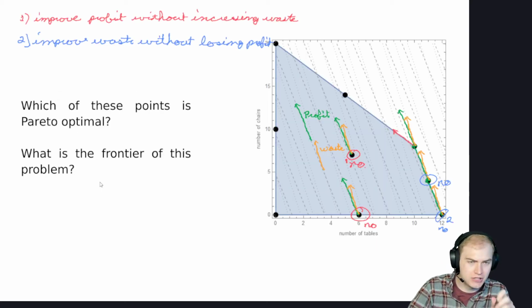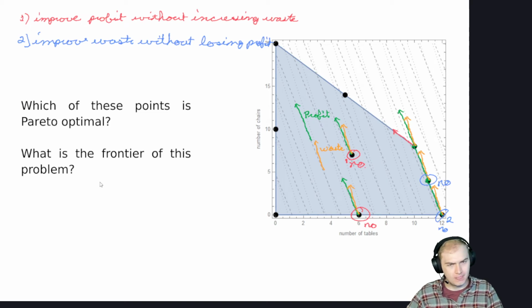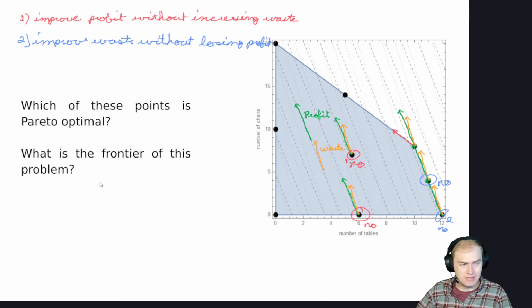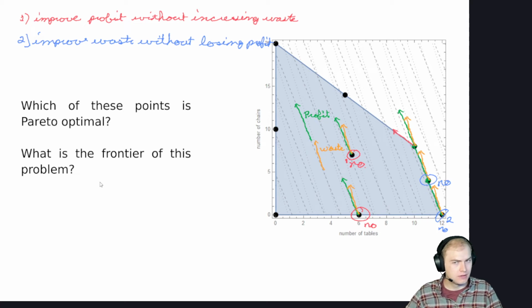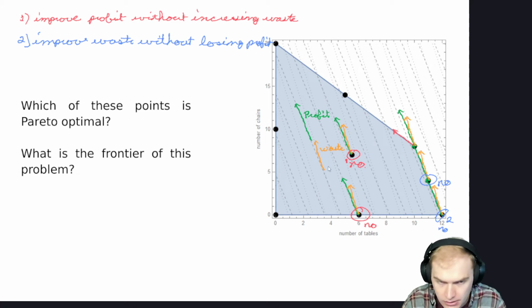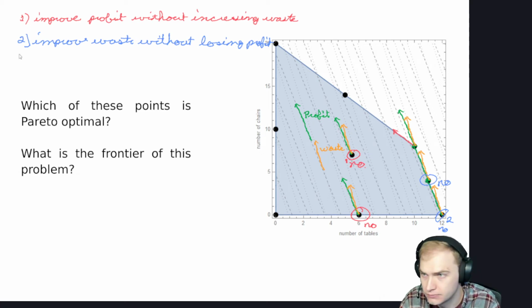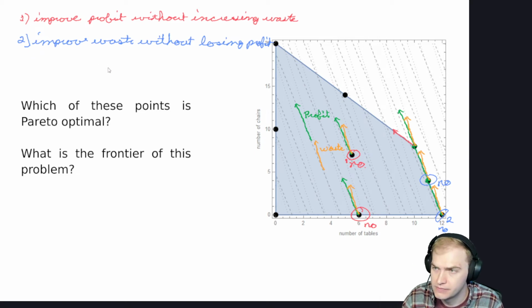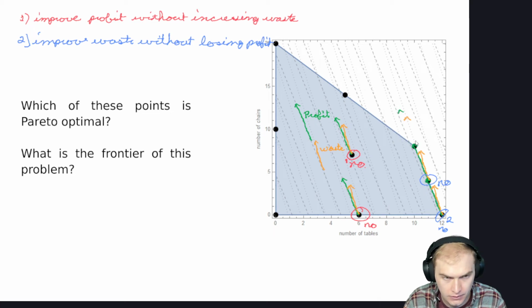So in any direction we move from that point, we might decrease waste, but we are also going to decrease profit. So this point is actually Pareto efficient.